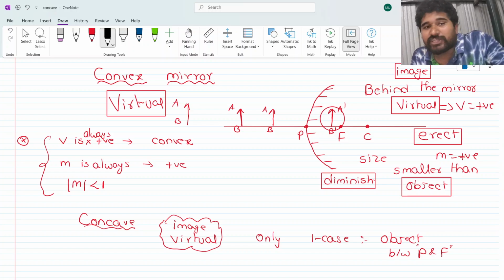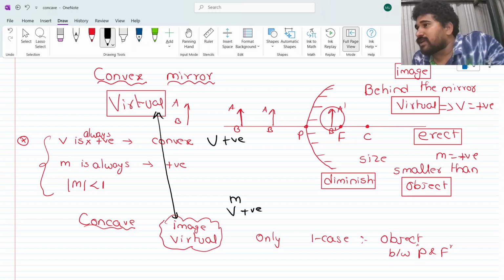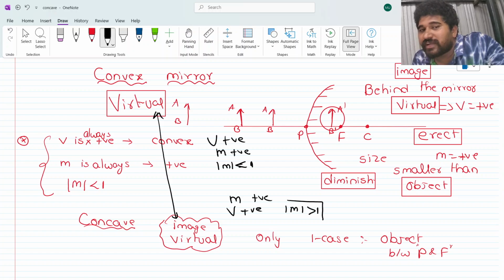When you compare these two virtual cases, both have M positive only. Always virtual means M positive. Here also M positive. But the absolute value of M here is less than 1, while here the absolute value of M will be greater than 1.